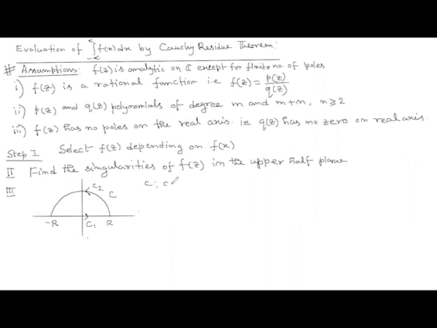So C is C1 plus C2, where C1 is the line joining minus r to plus r, and C2 is the upper half part of a circle with center 0 and radius r, which we can write as z(theta) = r e^(i theta), where theta varies from 0 to pi. So C2 is a circle with center 0 and radius r.